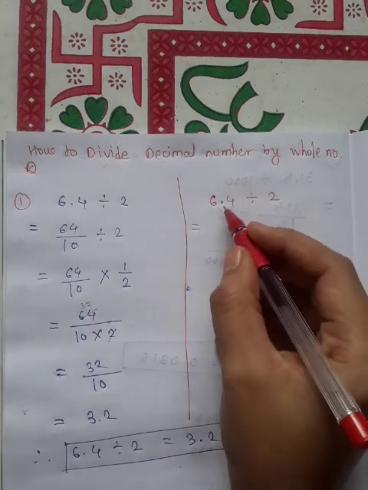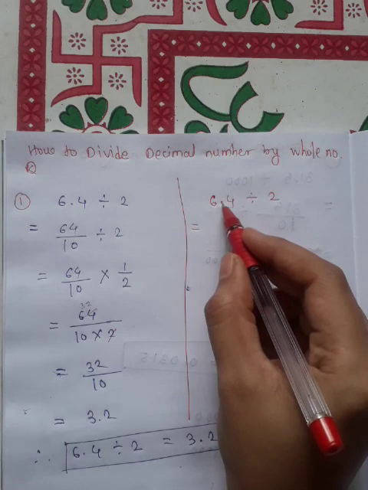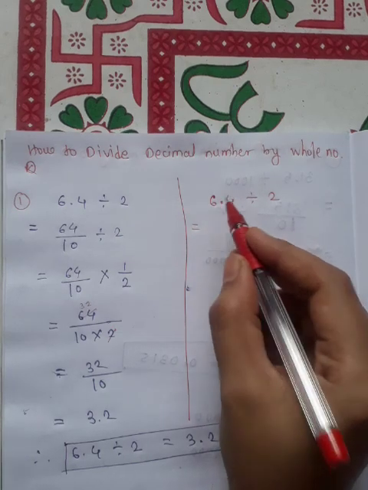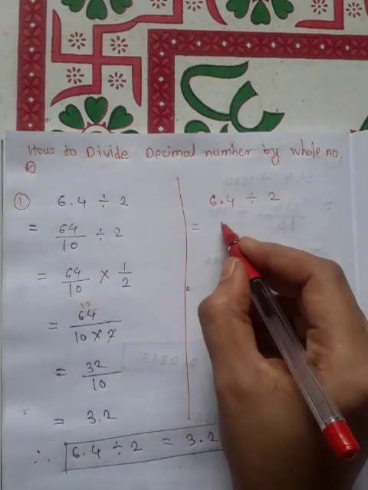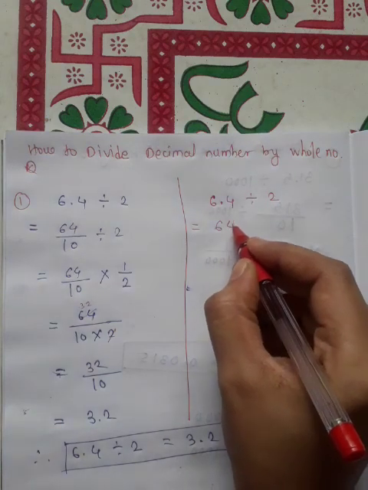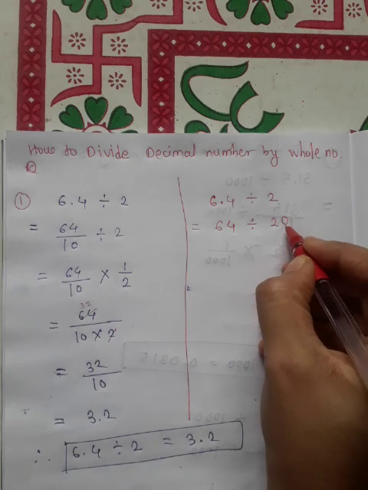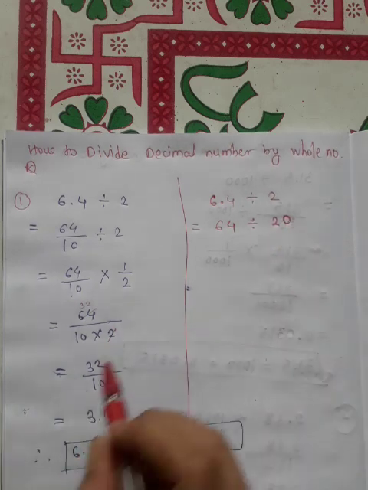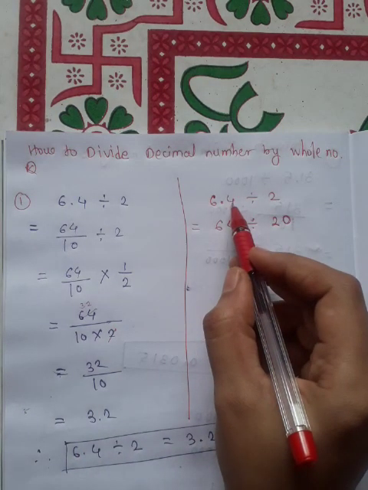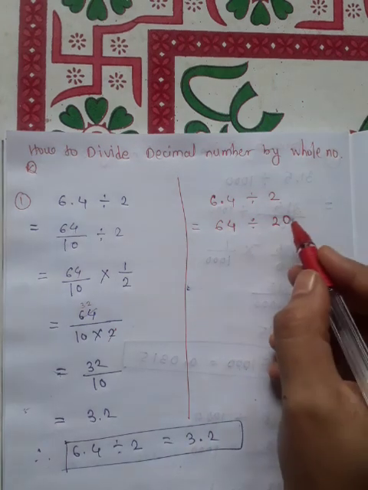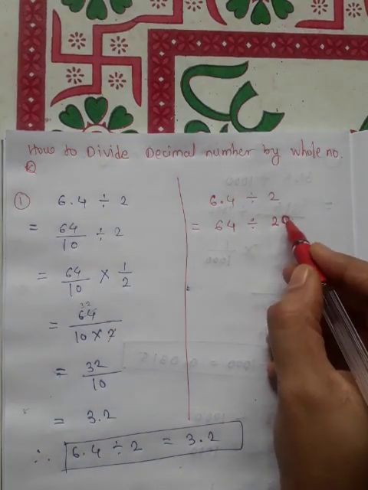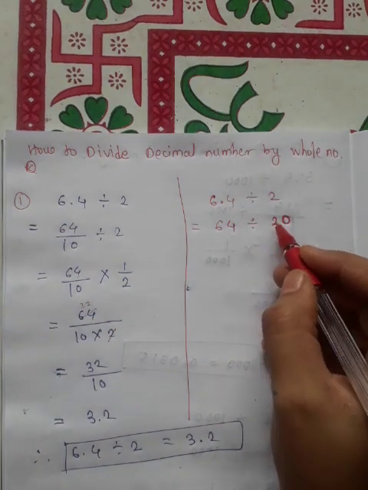See, there is one digit after the decimal point, so to remove that decimal point we put 10 in the divisor.